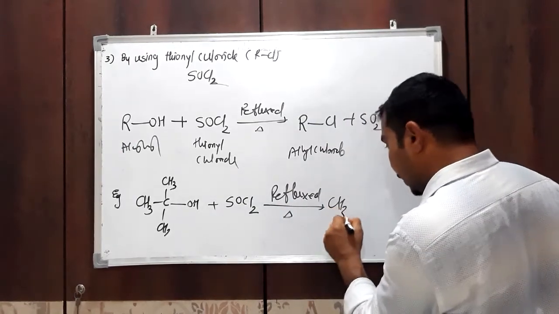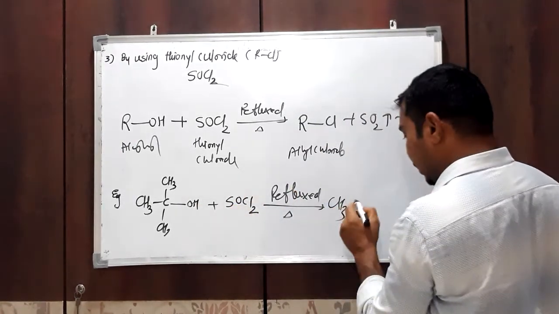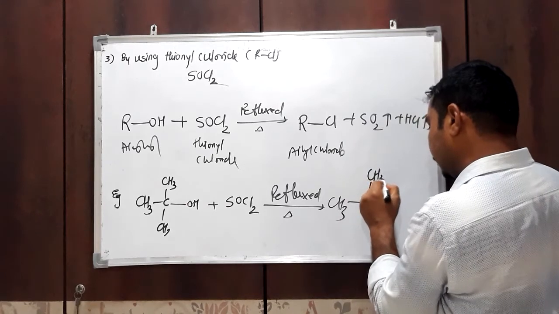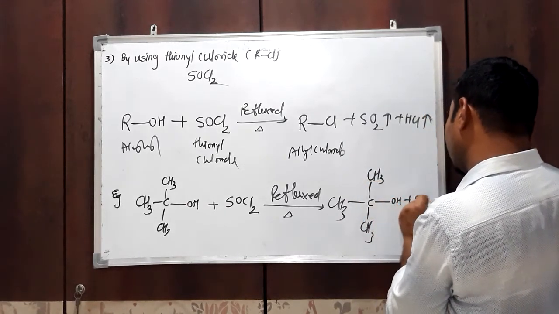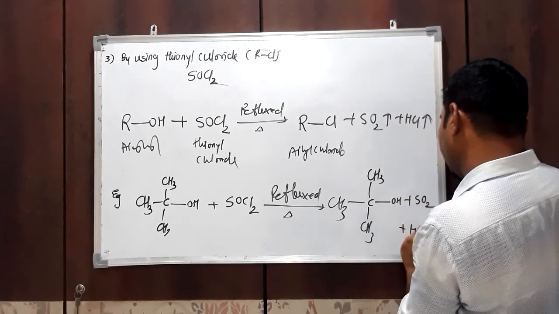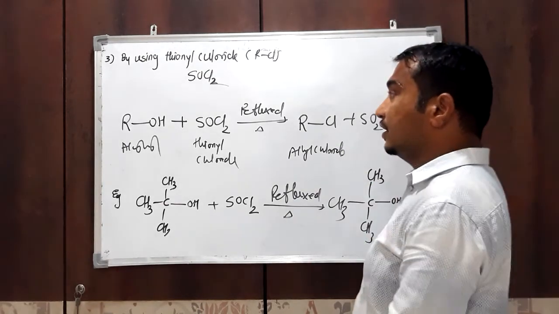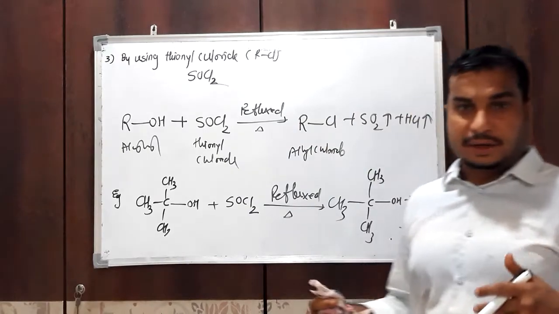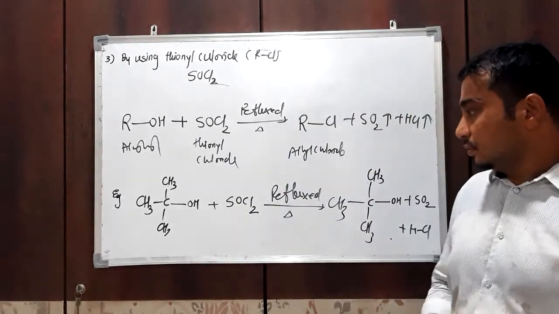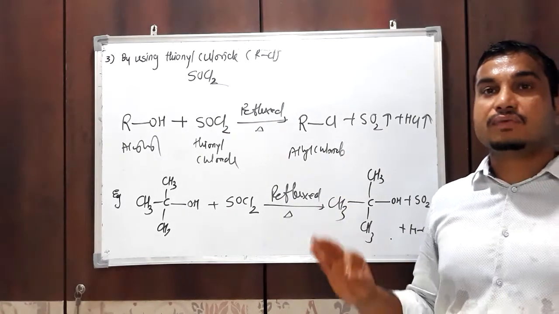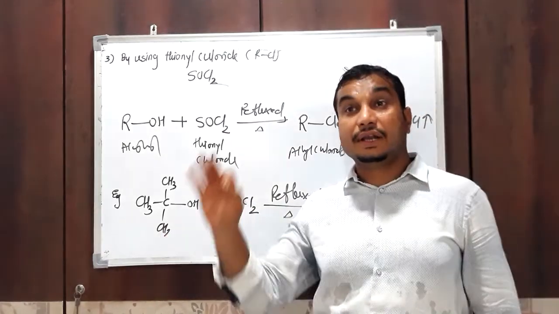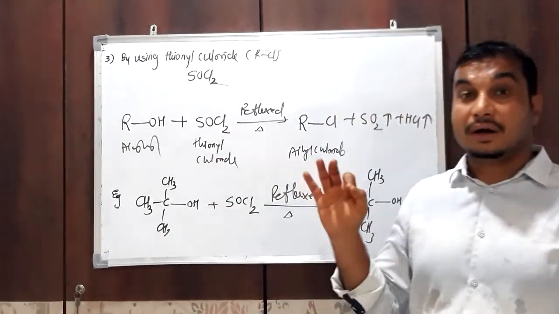Then, same, there is only replacement of OH by Cl, giving tertiary butyl chloride plus SO2 plus HCl. So these are the three methods, and there are many more, but here we have seen three methods for the preparation of alkyl halide using alcohol.